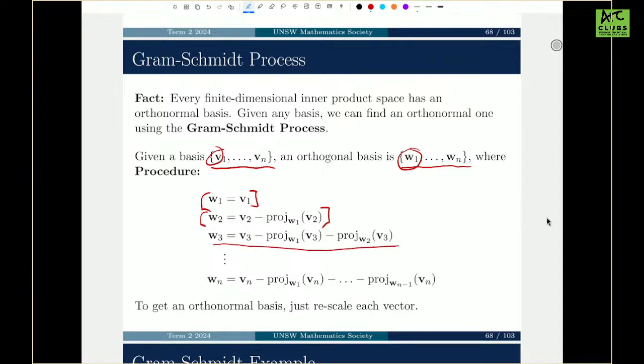And as a sanity check, to make sure this is orthogonal, we'll just take the inner product of W3 and W2, and this is equal to the inner product of, and we'll just sub in what this W3 is, just to make sure that this is in fact doing what we want it to do.